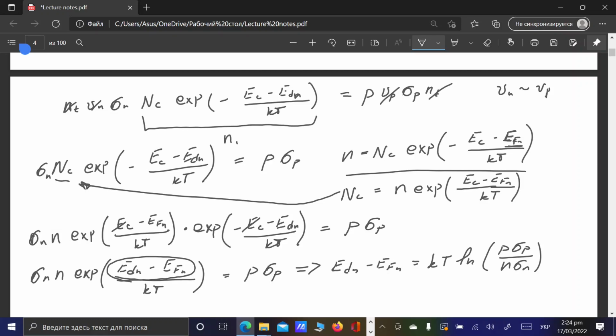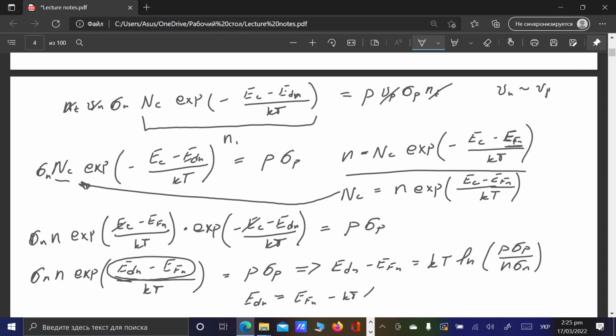Finally, we can express the position of the demarcation level for electrons, Edn, equal to Efn minus Kt.